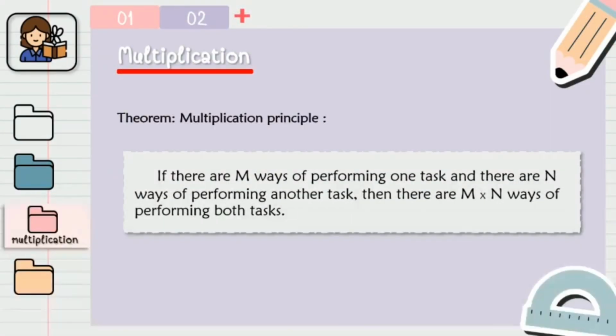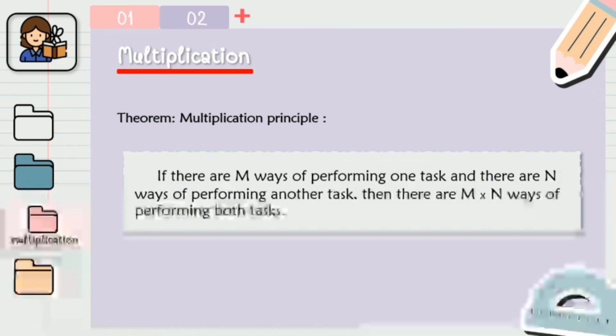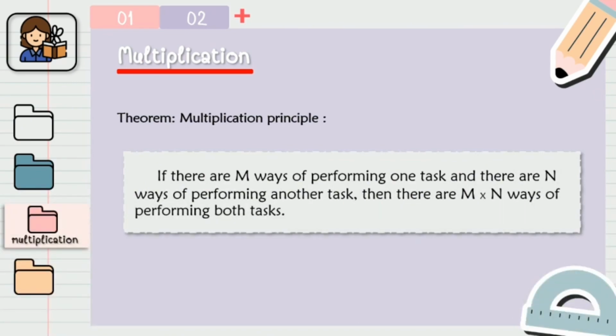The multiplication principle says, and you can see this little box here. If there are m ways of performing one step, and there are n ways of performing another step, then there are m times n ways of performing both steps.